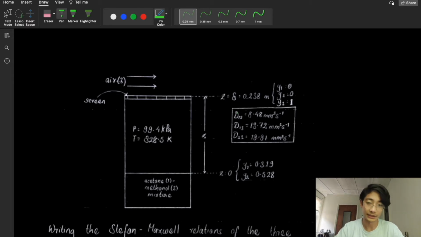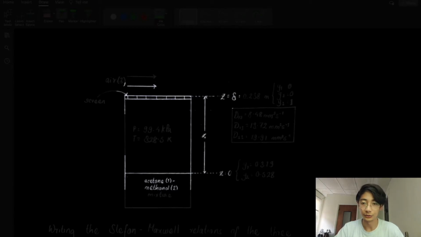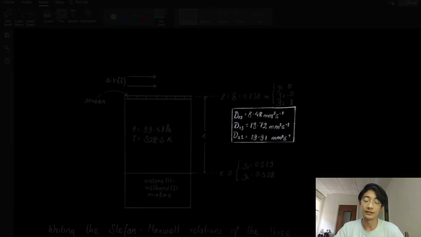What we've also been given is that the distance from the gas-liquid interface and the screen at the top of the Stefan tube is equal to 0.238 meters. And on top of this, we've been given the Stefan-Maxwell diffusion coefficients for the three components, which are given right here, in units of millimeters squared per second.